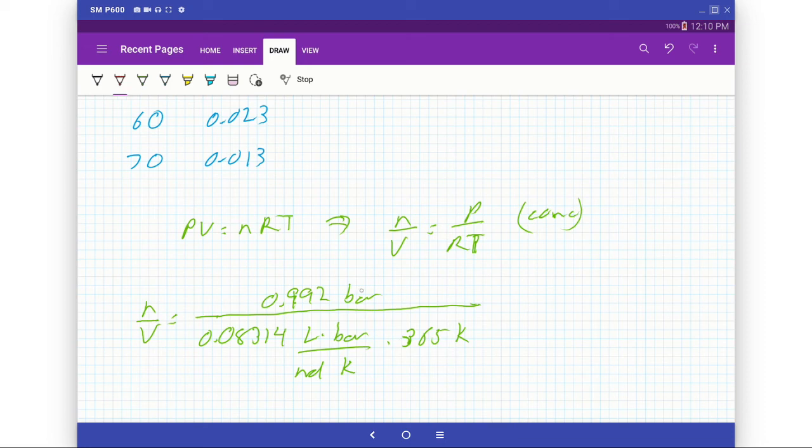In terms of units, bars cancel, kelvins cancel, and we are left with units of moles per liter, and this is equal to 0.0327 moles per liter.